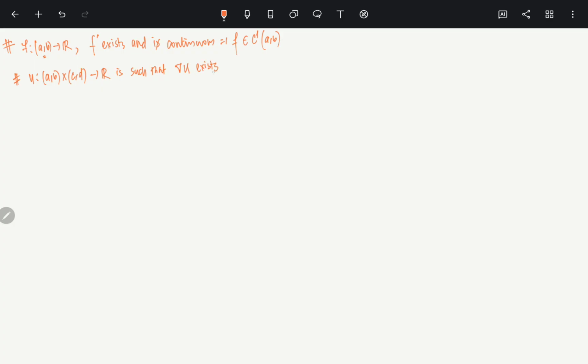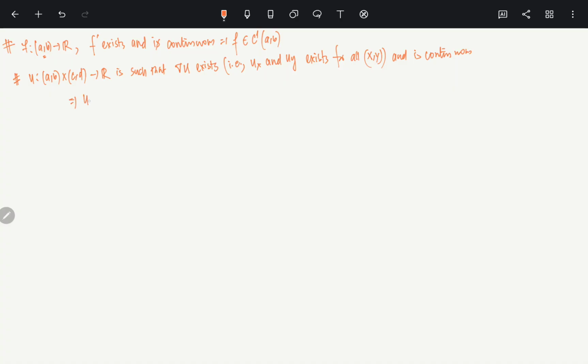So what does that mean? It means that both ux and uy exist for all x, y. So the gradient of u exists and is continuous, which means both the functions ux and uy are continuous.